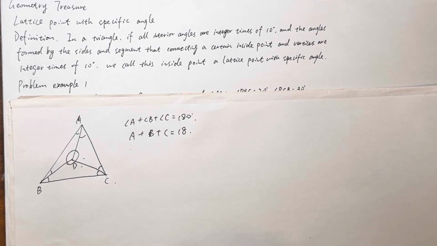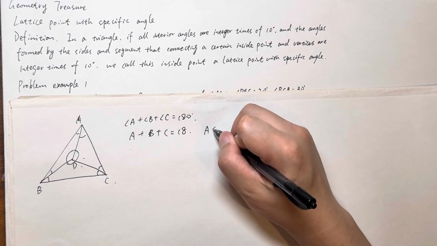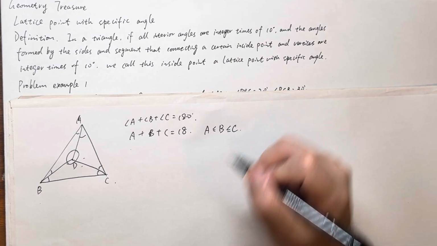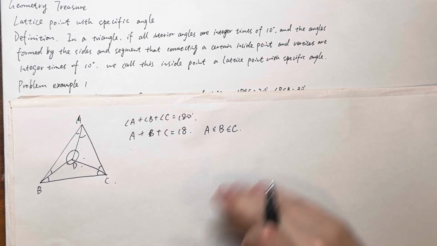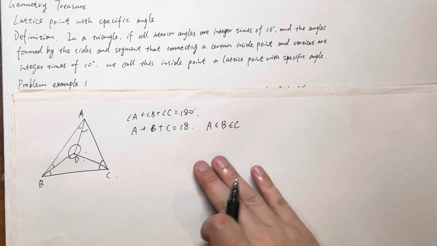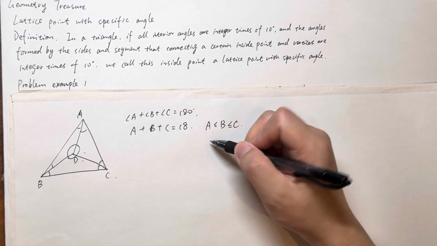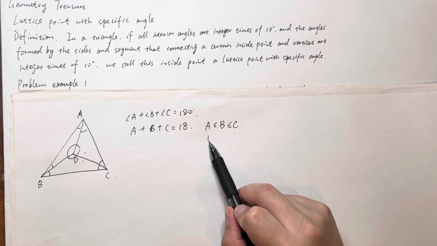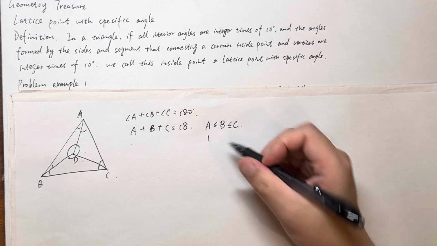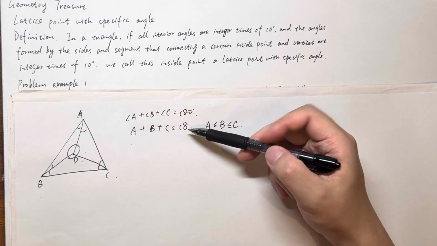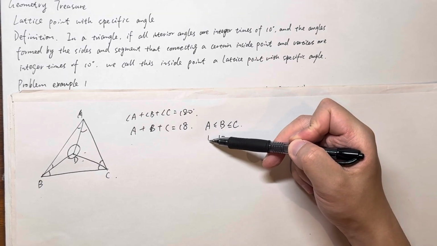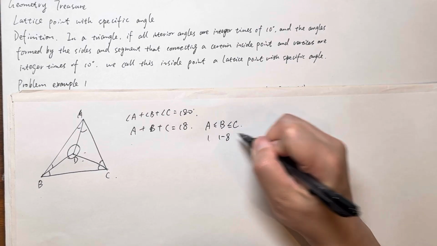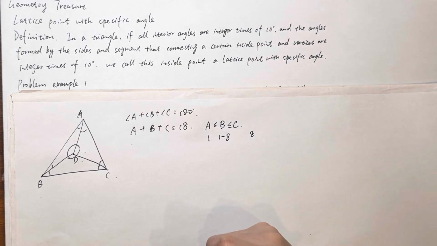We also force A less than or equal to B, and B less than or equal to C. Then we can think of how many cases there are. A can be 1. For the case A is 1, B can be from 1 up to 18 minus 1 divided by 2, which is 8.5, which means B can be from 1 to 8. There are 8 cases, right?